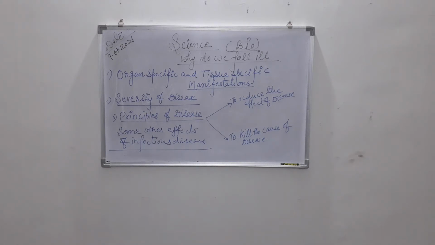I will tell you it again, children. First, we should know about the immune system. As we have learned in our previous class, so many systems are there in our body. One of the most important systems is the immune system, and this immune system is actually what?